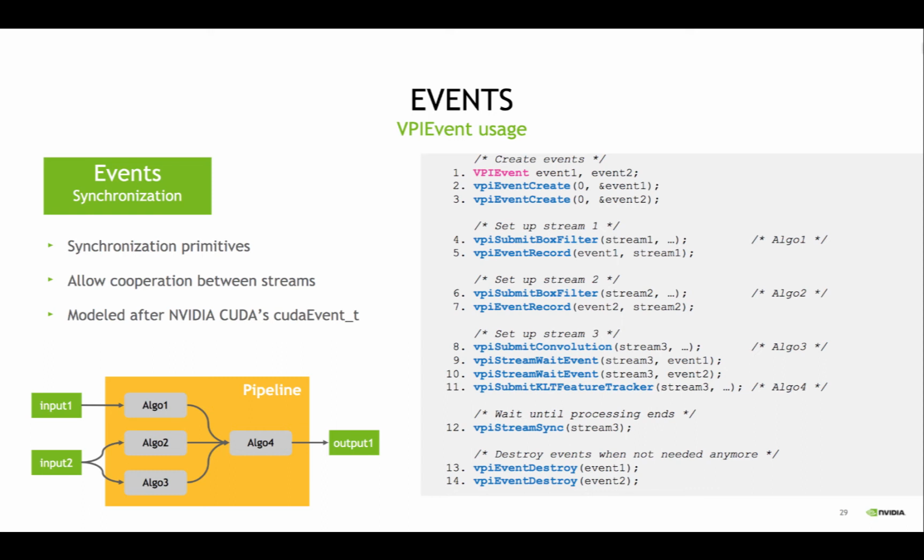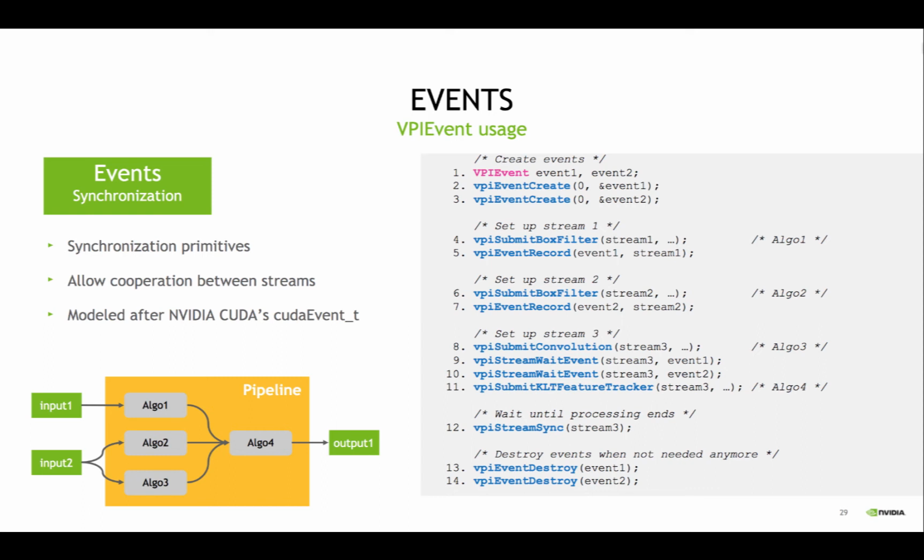Finally, on line 8, we set up stream 3. First, we submit algo 3, the convolution operation, and then on lines 9 and 10 we use the VPI stream wait event function to make stream 3 wait for the tasks recorded on events 1 and 2 to complete.